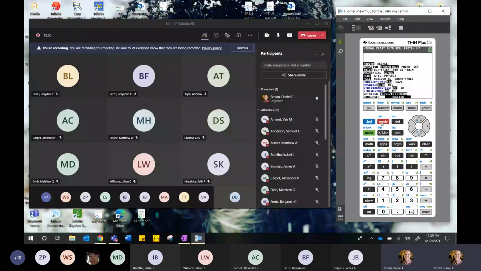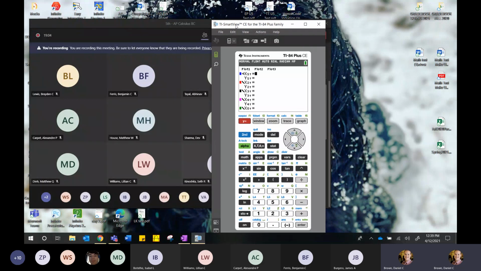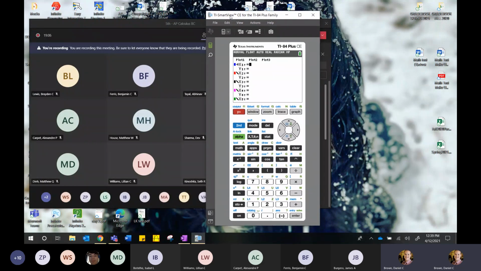And then second quit. Y equals will now give me a fresh window to look at. Looking at the equations that we are graphing, the one we just did, x was 3t. I'll use the X button for that. And then the y is 9t squared plus t.